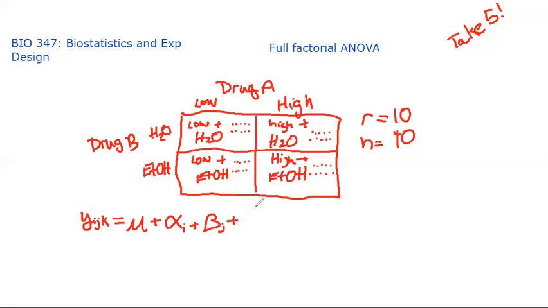Plus, I'm going to add another one here, and that one's going to be gamma_ij. This is the interaction term. So it is one of these four combinations. Plus our error, epsilon_ijk, because not all these are going to have the same mean.